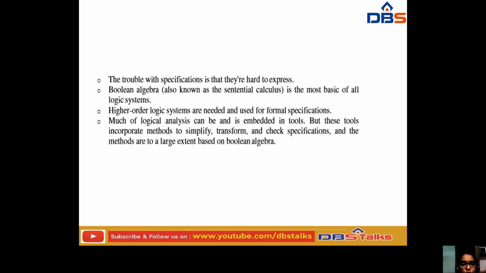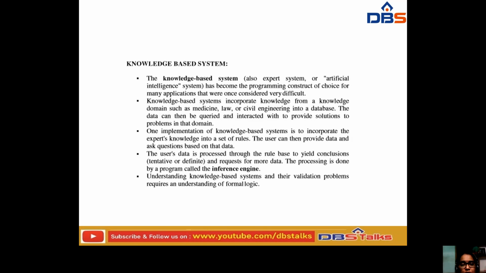So when it is a knowledge based system, we can say that knowledge based systems are also known as expert systems or artificial intelligence systems. They have become the programming construct of choice for many applications. Why? Because they were considered very difficult.